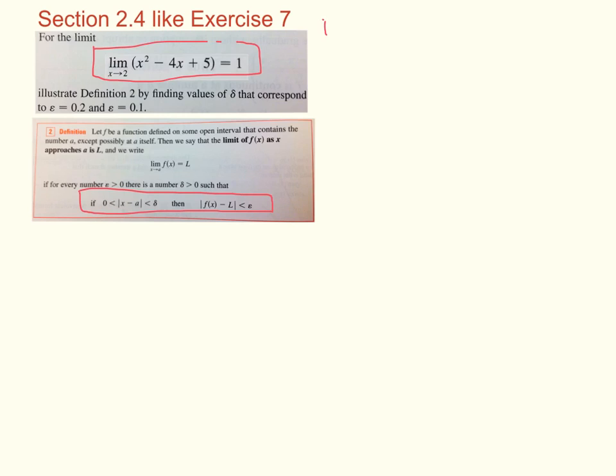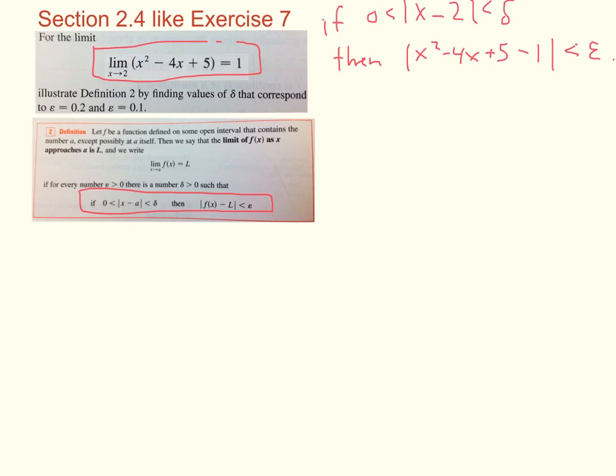If 0 is less than the absolute value of x minus, what's our a in this case? a is 2, is less than delta, then we know our f of x in this case, x squared minus 4x plus 5, minus L, our limit in this case is 1, is less than epsilon.